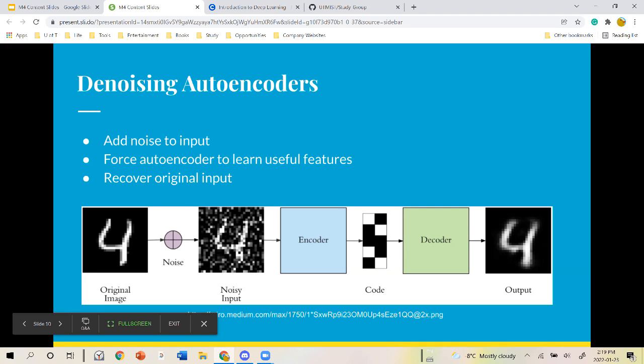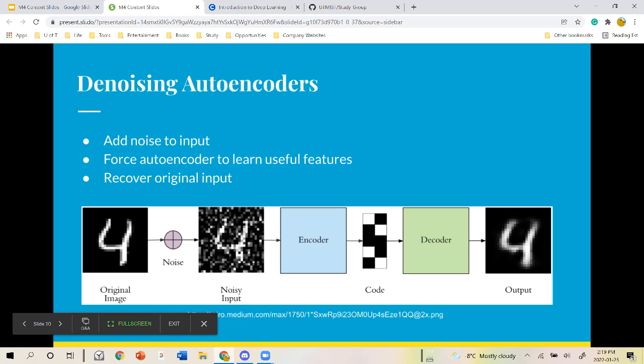One of them is the denoising auto-encoder. For this one, you have the digit 4, but you add some noise into it. So here is the noisy input, and then you feed it into the encoder to turn into the code, and then the decoder will turn it into the output.